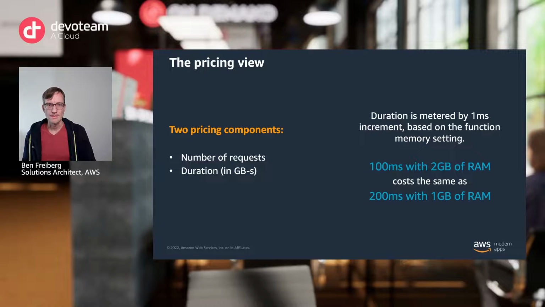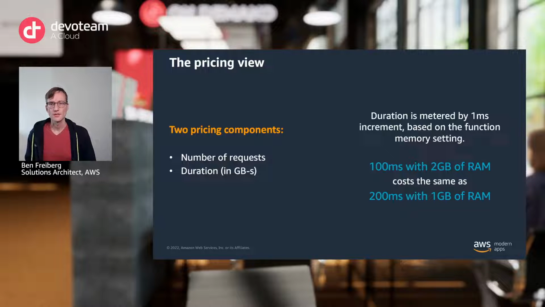That means, as a concrete example, a function that takes 100 milliseconds to run and has 2 gigabytes of memory configured has exactly the same cost as a function that takes twice as long but only has half the memory configured. And we're going to look into a bit more detail on how you can tune this later on.